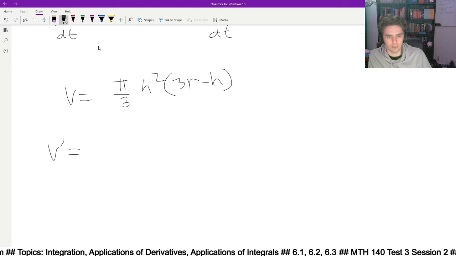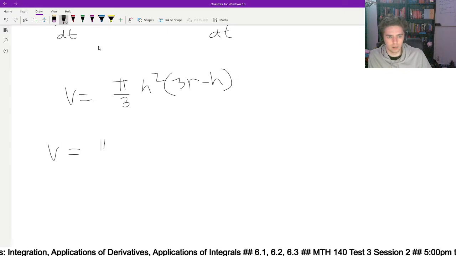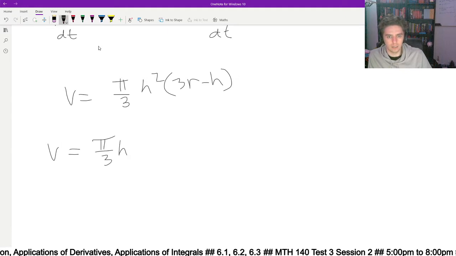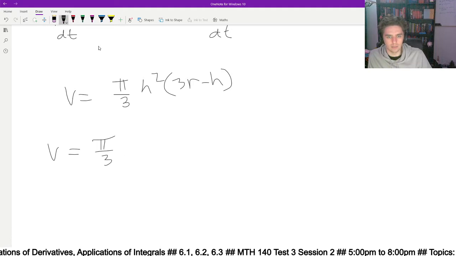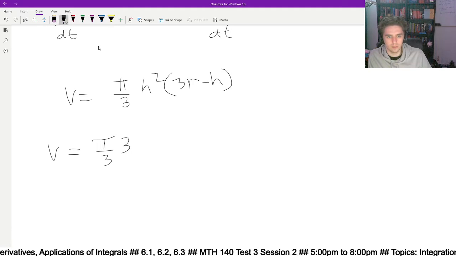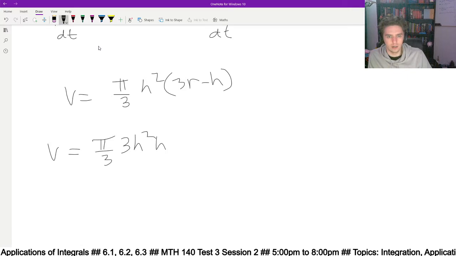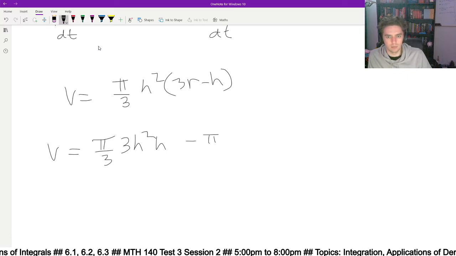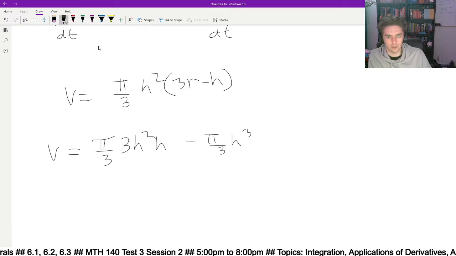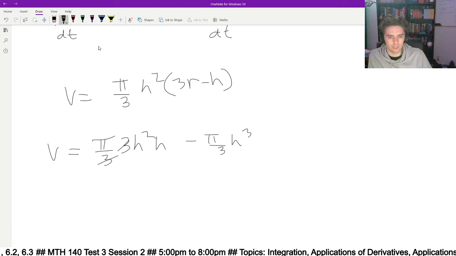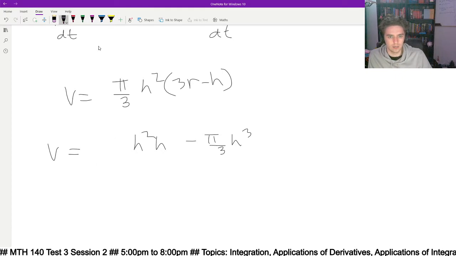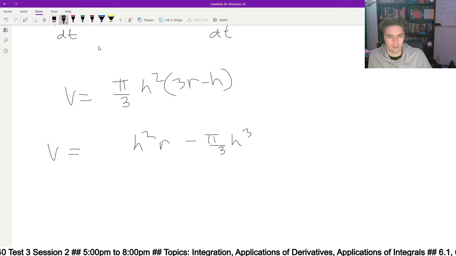So multiplying that in, it's pi over 3 times 3 h squared r minus pi over 3 h cubed. These 3's cancel. That's an r. And that's a pi.